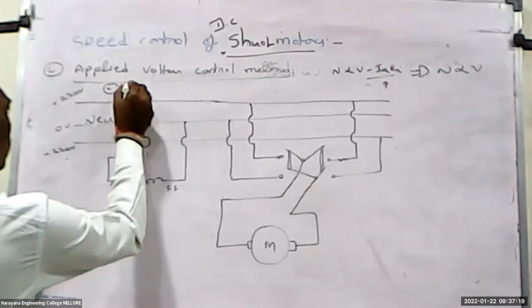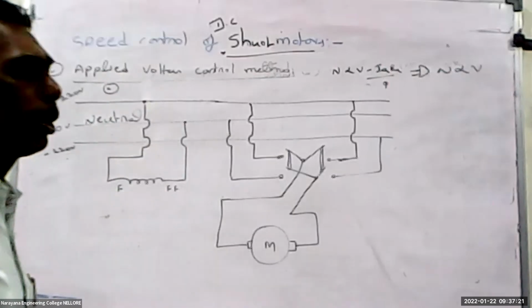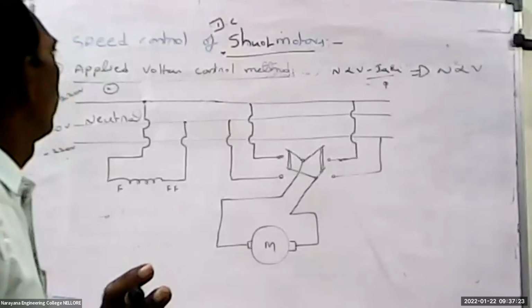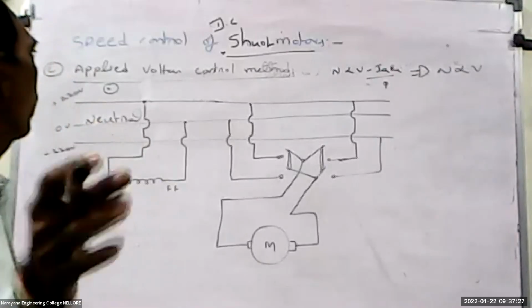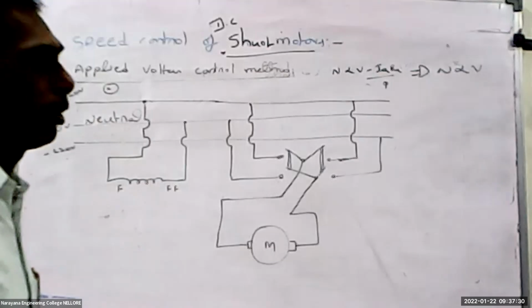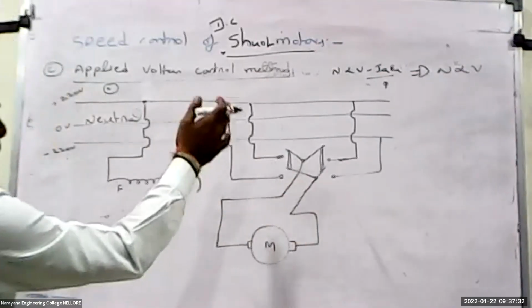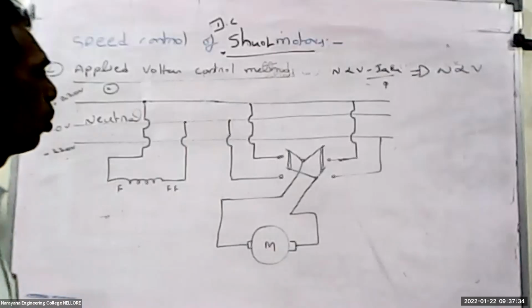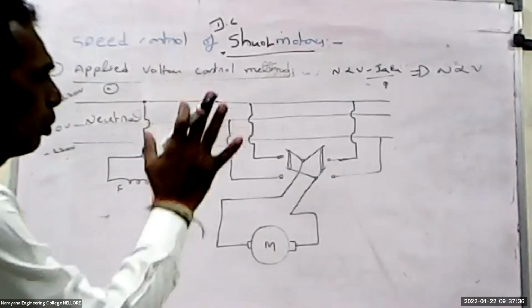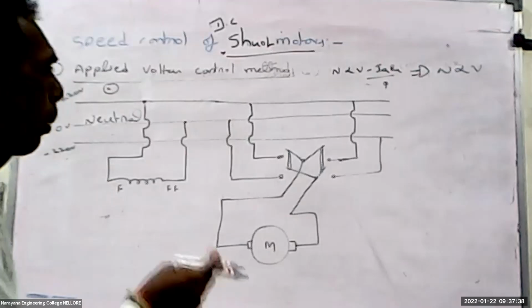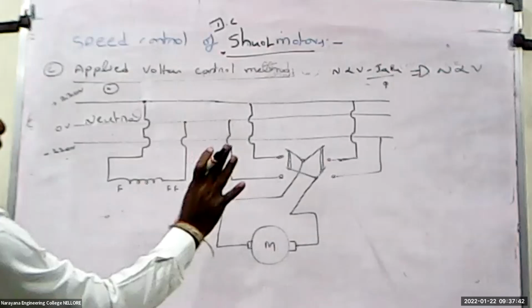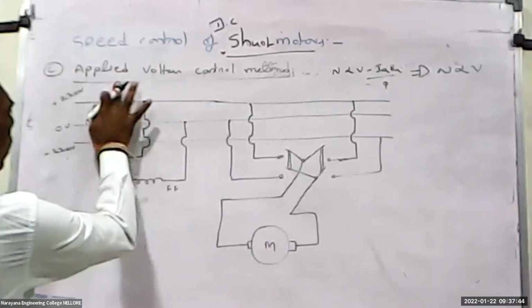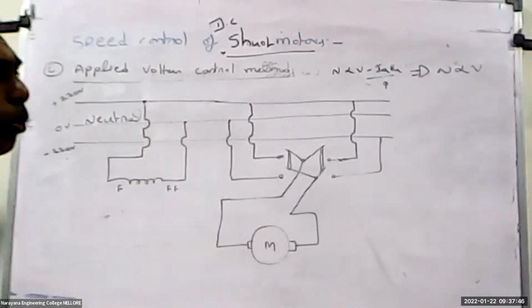This is also called the multiple voltage control method. Generally from the examination point of view, write down the applied voltage control method or explain the voltage control method or speed control by voltage. We have to use any one method. Don't go for the remaining. Here we have 3 or 4 methods. I explain one, and the remaining are small modifications.